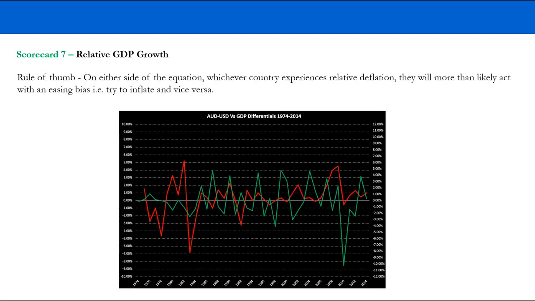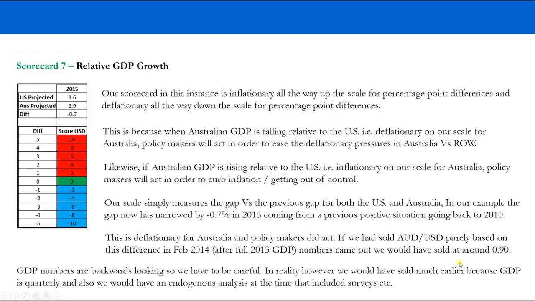The country that's experiencing relative inflationary conditions is likely to experience deflationary tactics from the central authorities on a relative basis. So how do we actually go about scorecarding this whole situation?